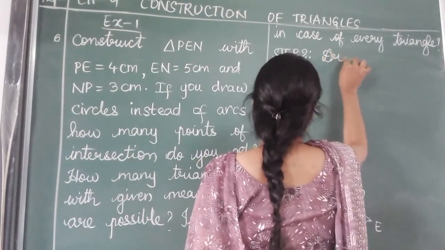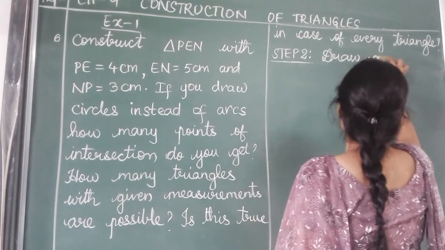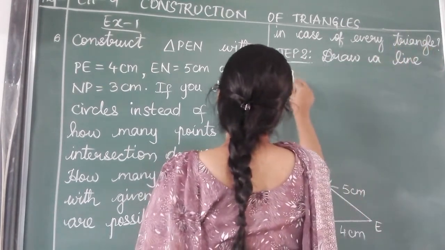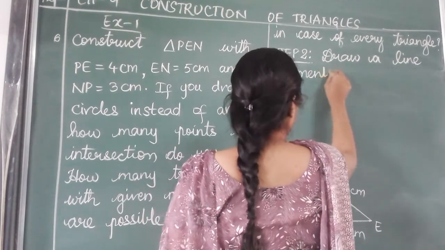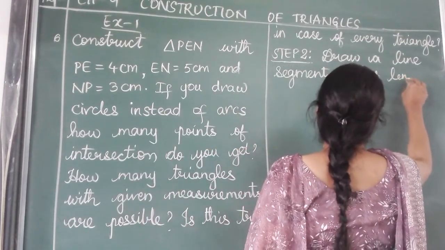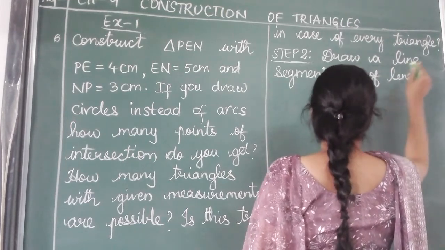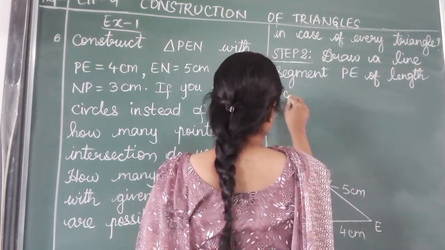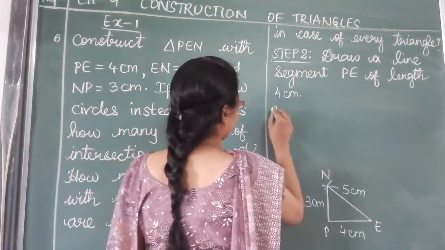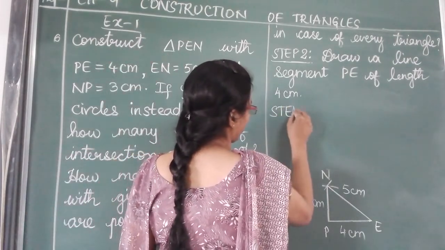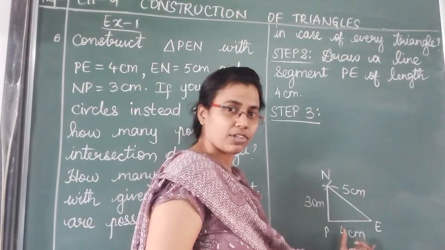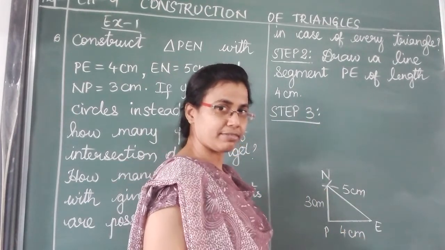Draw a line segment PE of length 4 centimeters. Okay, that was the second step that we have done. What is step 3? This is done. What's the next thing we have done?